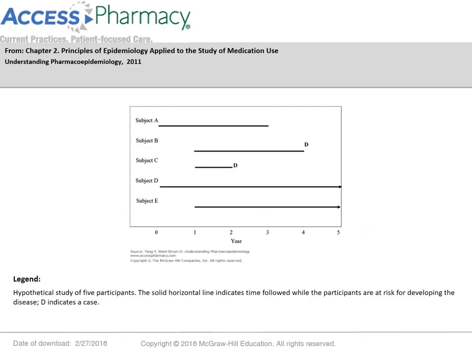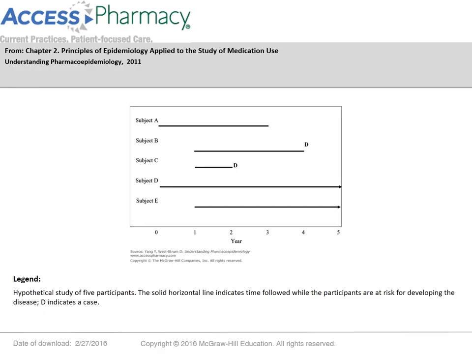Look at this example. We have 5 subjects that we follow up to measure the incidence. Subject A was followed for about 3 years. Subject B also 3 years, subject C for 1 year, subject D for 5 years, and subject E for 4 years. Each patient has a different time of follow-up.